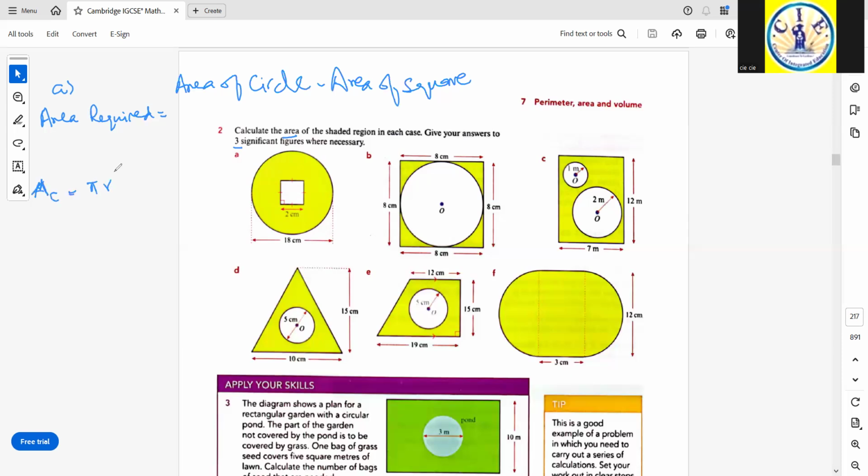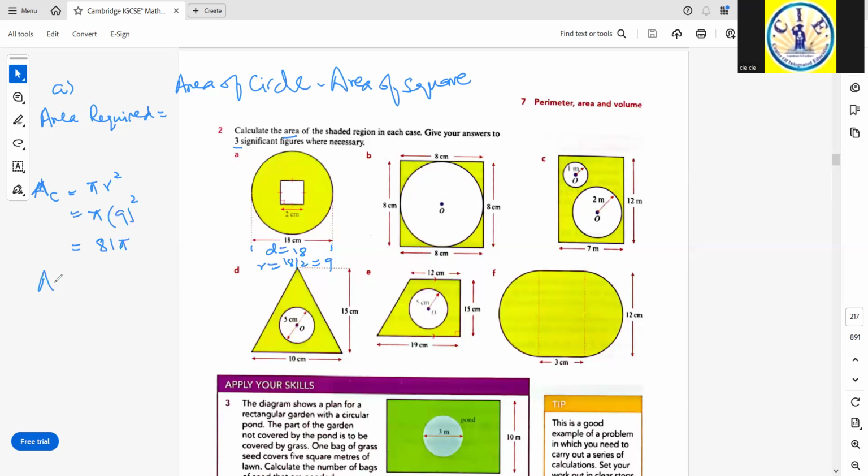The area of the circle is given by the formula pi r squared, where r is the radius. In this case, we are given the diameter, that is 18. So the radius is going to be half of that, 18 by 2, that is 9. So 9 squared. So the area of the circle is going to be 81 pi.